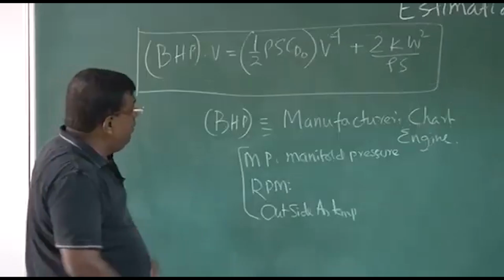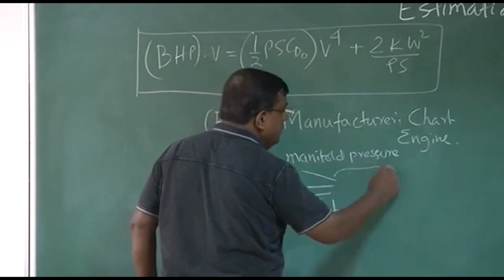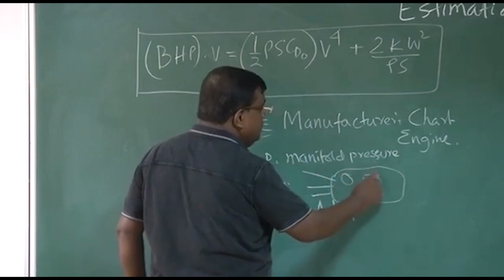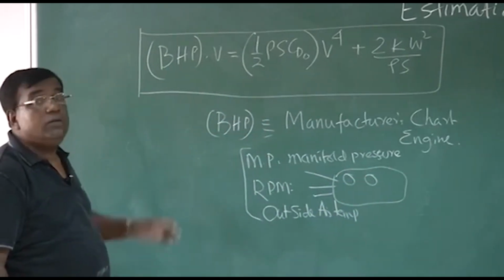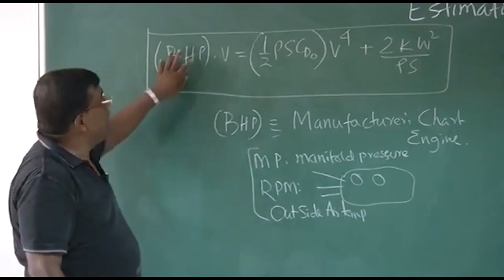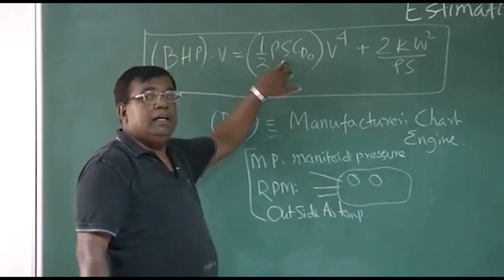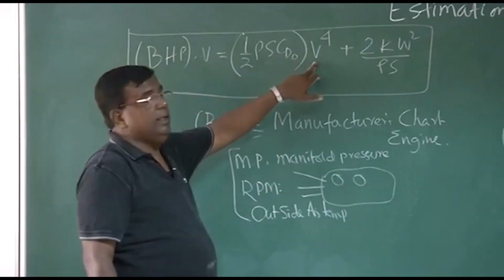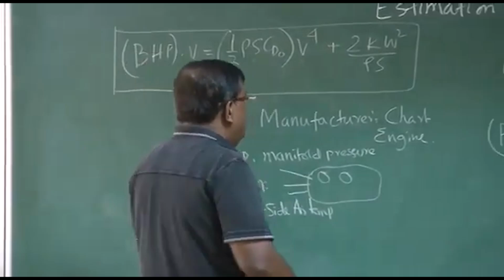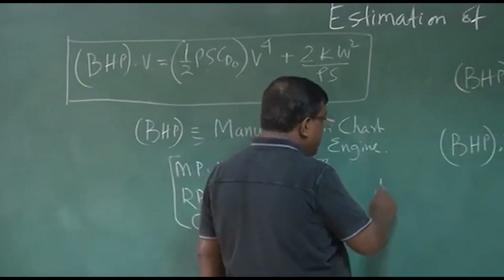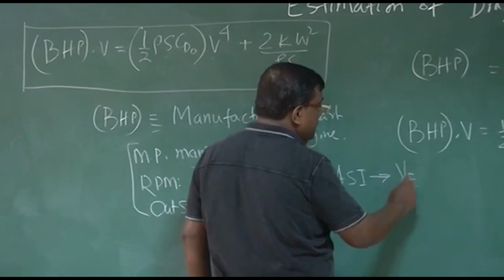All this information you get in the cockpit, right? You have seen in the cockpit there are instruments which give you readings for manifold pressure, RPM, and outside air temperature. So this is in my control. S is the wing area, which is known. What is V? V is the true airspeed. How do I get V? We have the airspeed indicator, which gives me V equivalent.